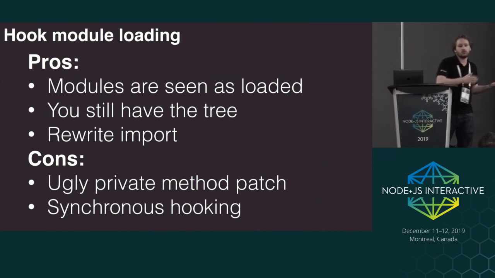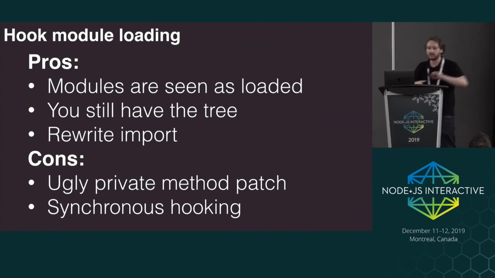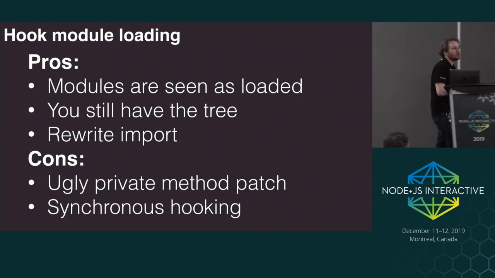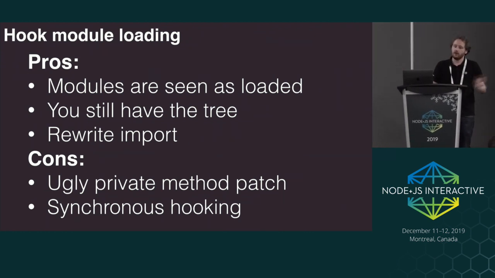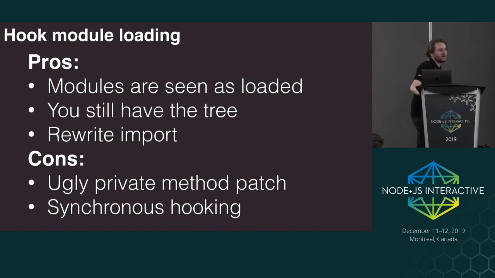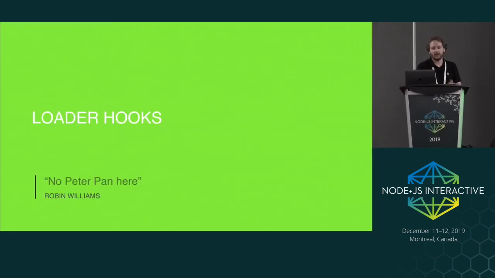You still have access to the tree because you know who has required what, and you can rewrite the import when they are loaded, so you can change the code that people see. It's ugly, and you should not do that, and it's synchronous hooking. Basically, it's what every APM does under the hood, to be honest.